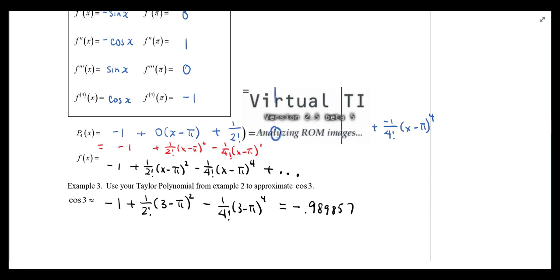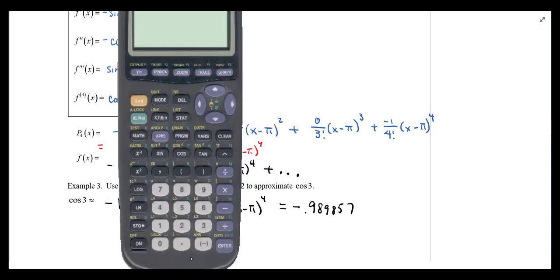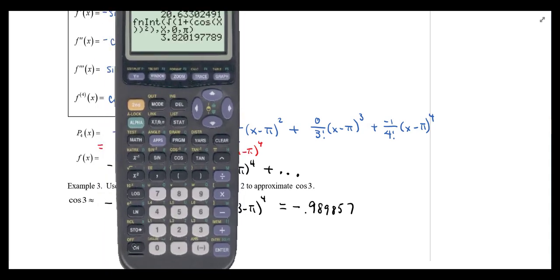But interestingly enough, if I were to bring up my graphing calculator and actually ask you to type in cosine of 3, look at the answers. That's pretty good. Negative 0.989999, and that's my approximation. I'm pretty happy with that. Okay? And that's only with the first 3 terms. Imagine if I had more terms.